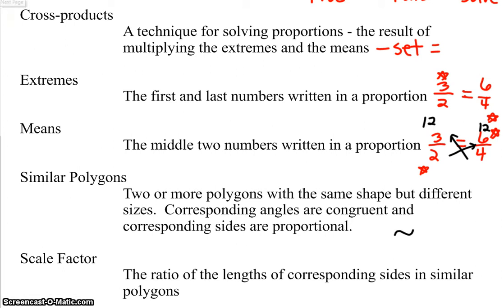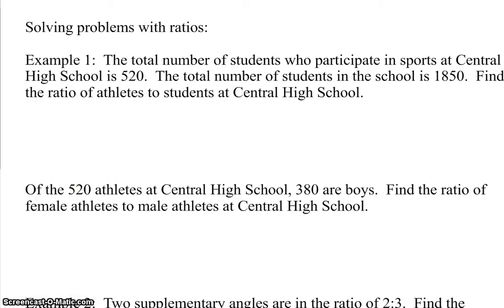Now, flip to the back page, and we're going to actually solve some problems with ratios. So let's take the first example. The total number of students participating in sports is 520. The total number of students is 1850, and it says find the ratio of athletes to students.